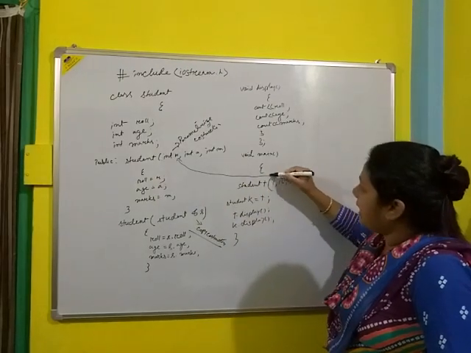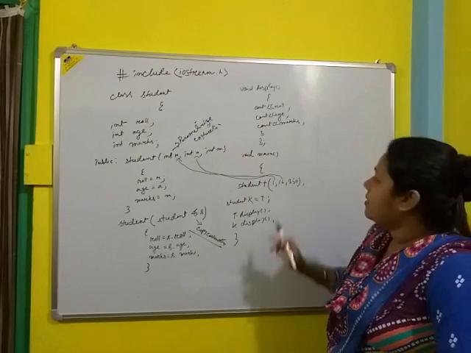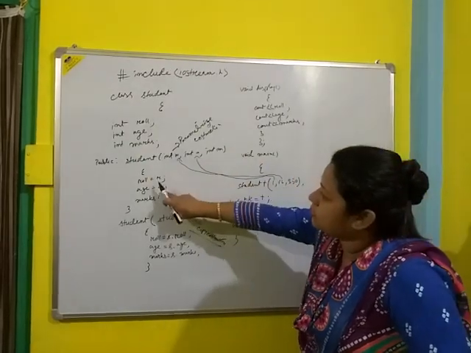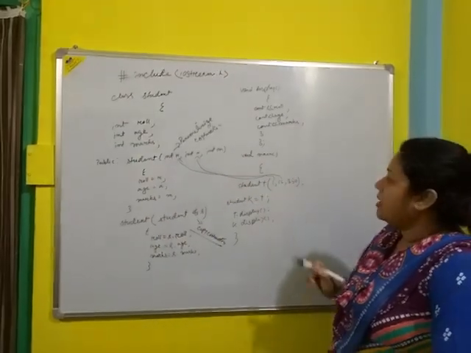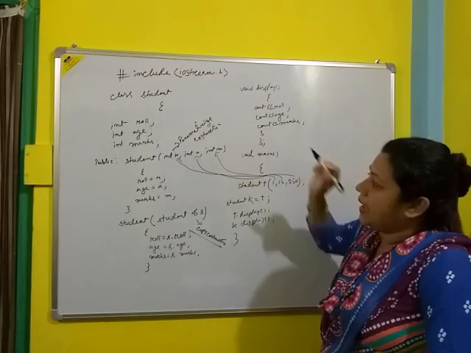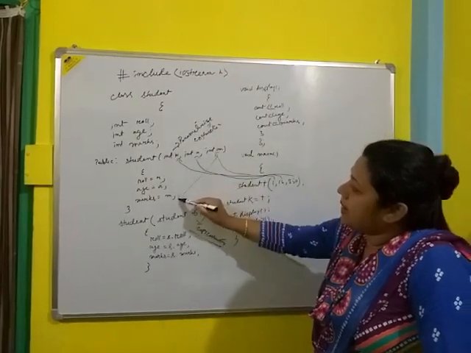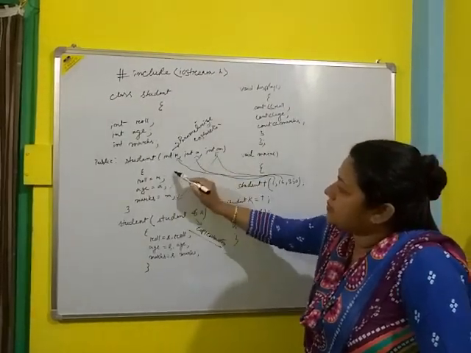Again, the 16, the age, that is passed to the argument A, and that will be assigned to the age. After that, the 350 is passed to the argument M of the parameterized constructor, and M will pass the value to the marks.